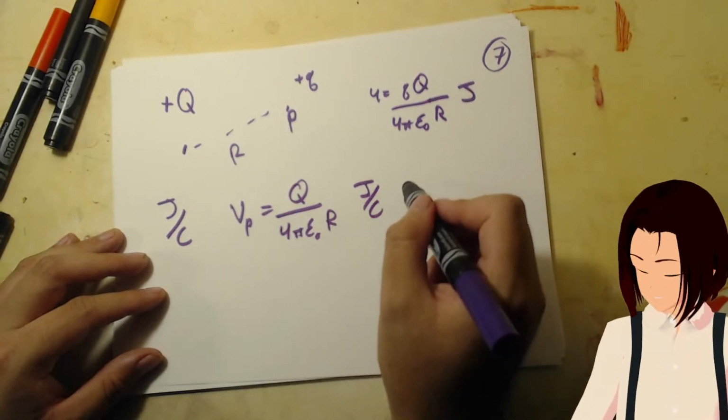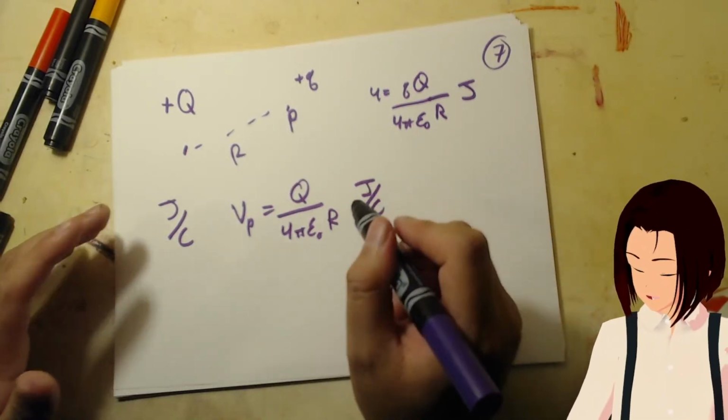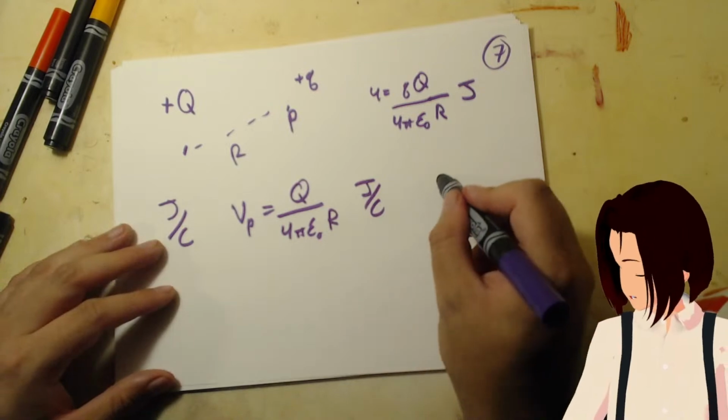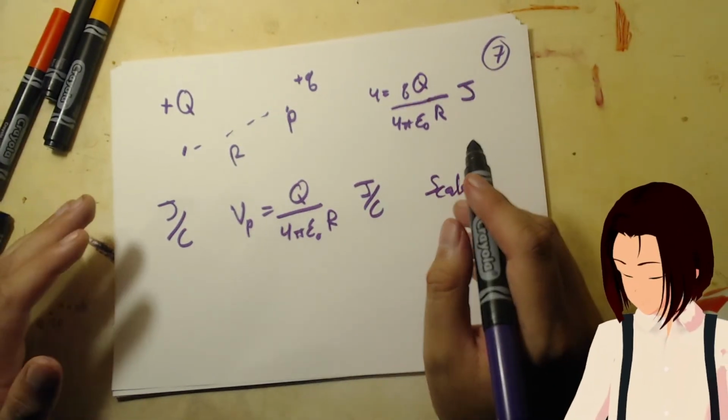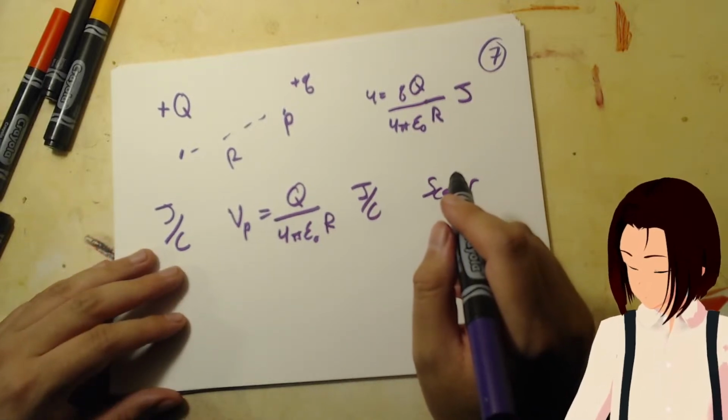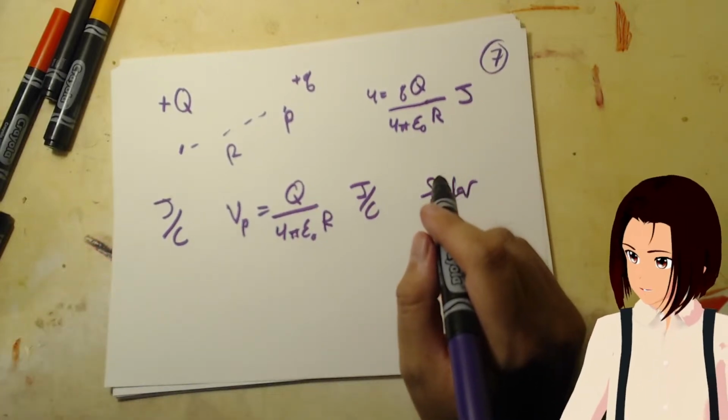Joules per coulomb. Now this is volts, and it's a scalar, not a vector.